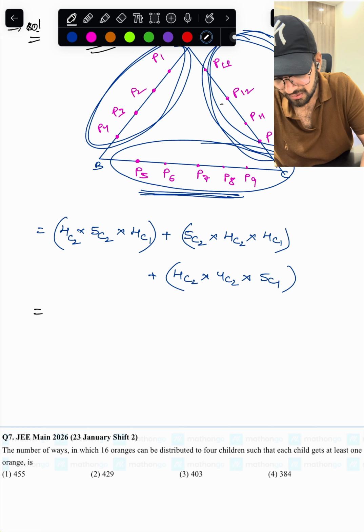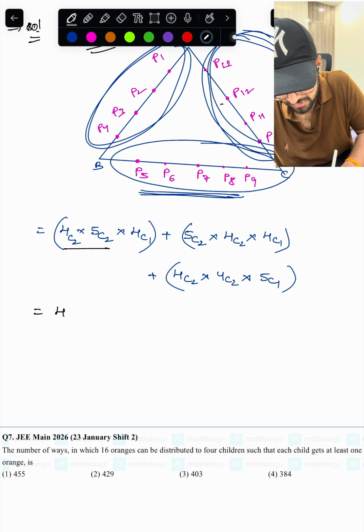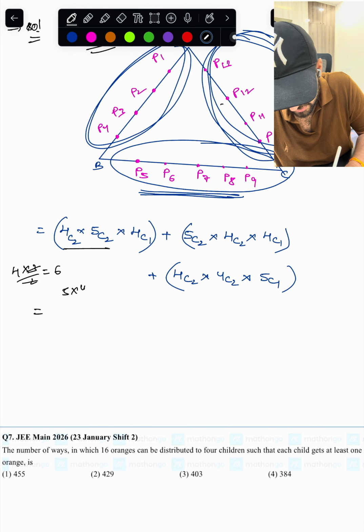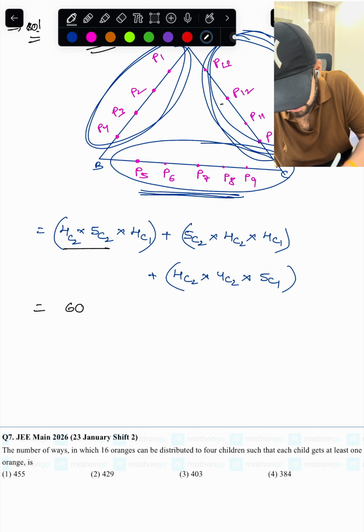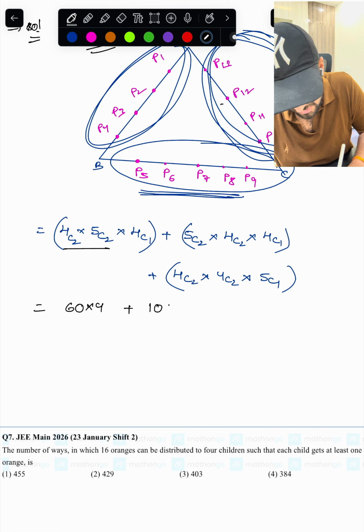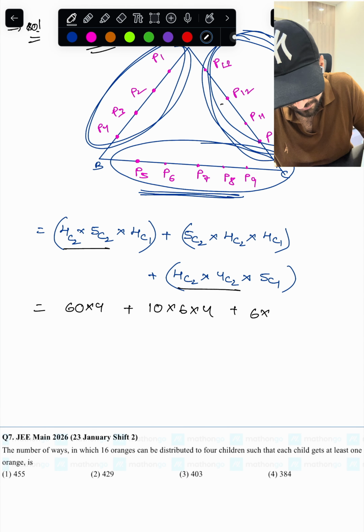So how many pentagons formed? Just to evaluate the values, 4C2 means 4 into 3 by 2, which is 6, right? 5C2 means 5 into 4 by 2, which is 10, right? Just substitute the values. So 6 into 10, 60 into 4, 240, plus 10 into 6 into 4, plus 6 into 6 into 5.